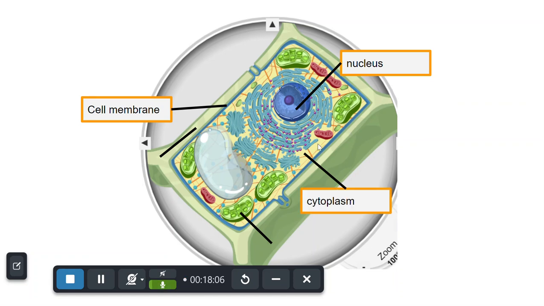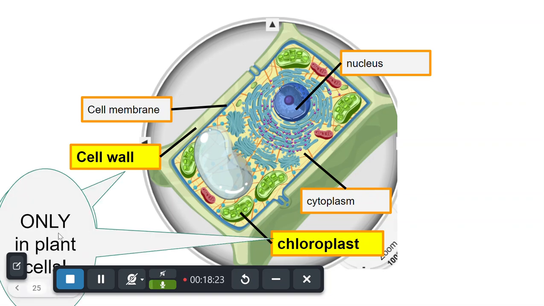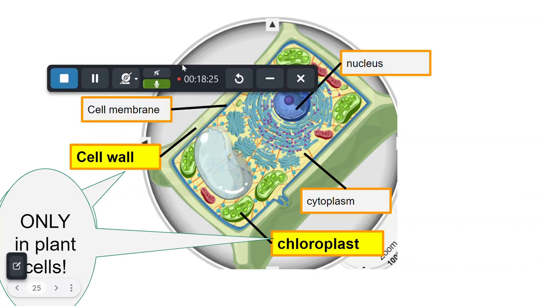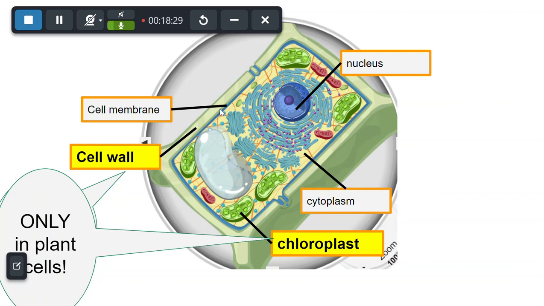Okay, cytoplasm is that jelly-like goo in which everything else is hanging out. And then this dark outer edge here is only in a plant cell. That's the cell wall. And the chloroplast is only going to be in a plant cell as well. Okay, so those are only in plant cells, the cell wall and the chloroplast. But everybody has a cell membrane. Most cells are going to have a nucleus and cytoplasm.